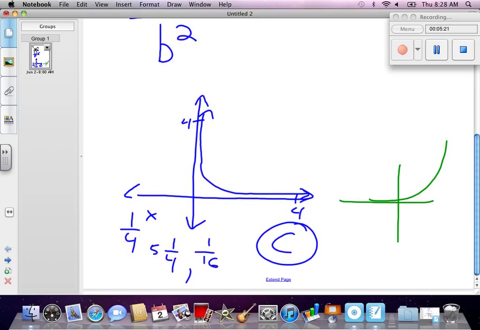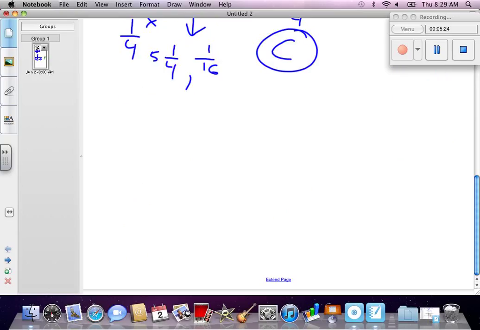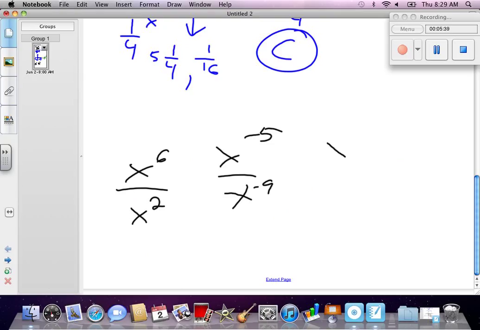Okay? Let's look at 24. We want to figure out which one of these, x to the 6th over x squared, x to the -5th over x to the -9th, x to the 11th over x to the 7th, and x to the -2 over x to the 6th, does not reduce to x to the 4th?